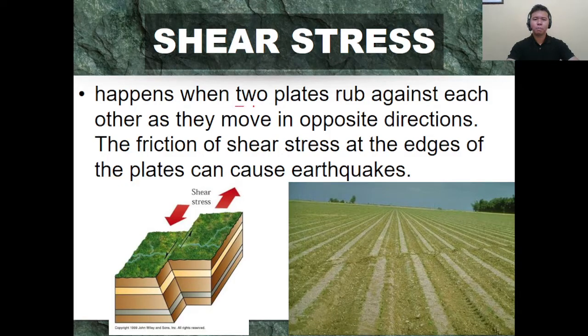It happens when two plates rub against the other, moving in opposite direction. Let's say, for instance, this crust here moves towards that direction and the other moves towards the opposite direction, causing a disalignment with their surface, with their component. So there are disalignments in between them. So that is shear stress. They tend to rub against the other, and they can produce the strongest earthquakes.